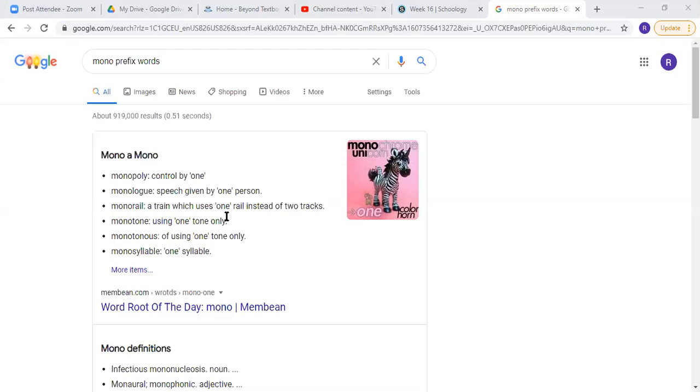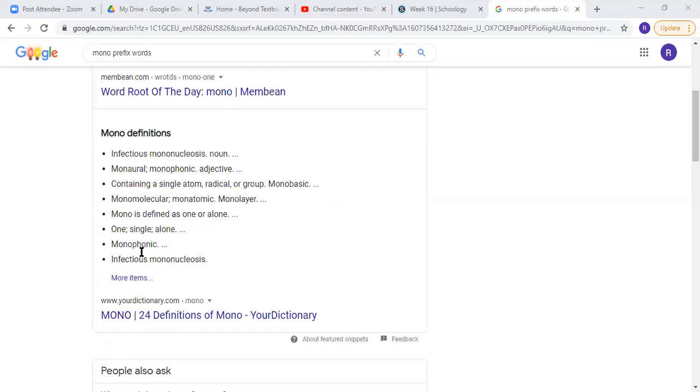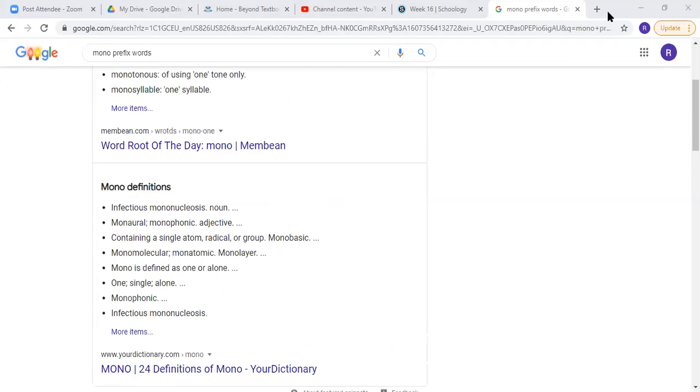Monotonous, using 1 tone. Monosyllable. I know the word is monosyllabic, but monosyllable. English is weird because if you add or subtract just 1 letter, it changes the entire thing, like geometric and geometry. Change 1 letter, the whole thing changes the pronunciation. So anyway, those are just words that have mono.